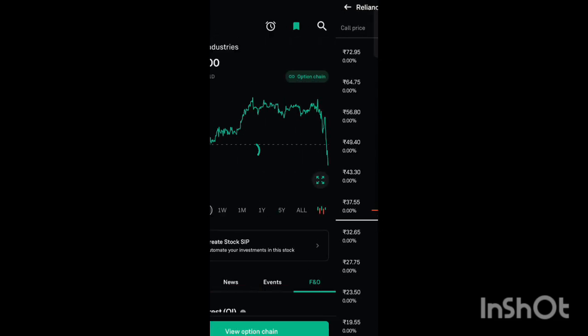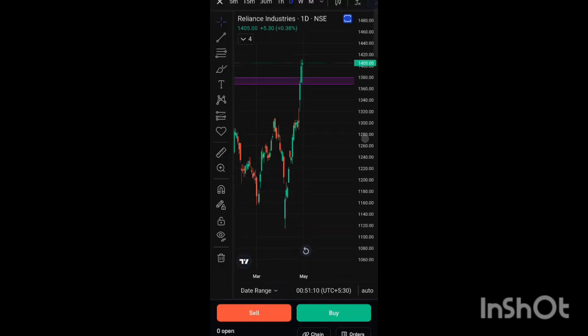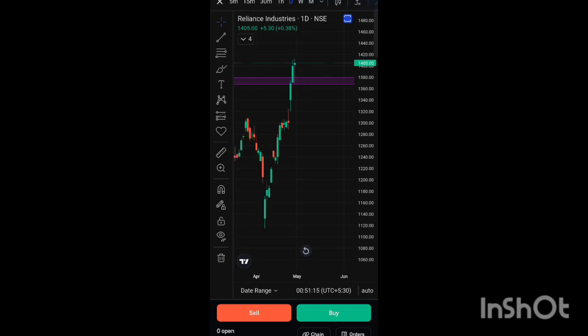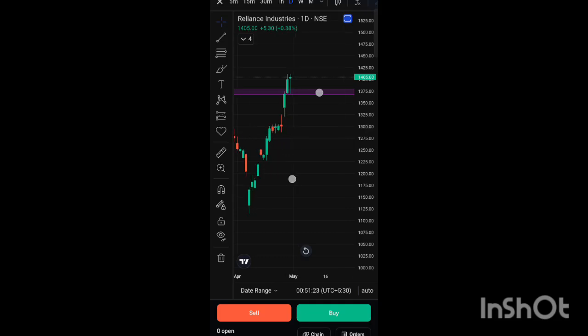Then you can also watch Reliance, as we know, Reliance 1400 on this chart has the highest number of call sellers. I mean, they sell calls.